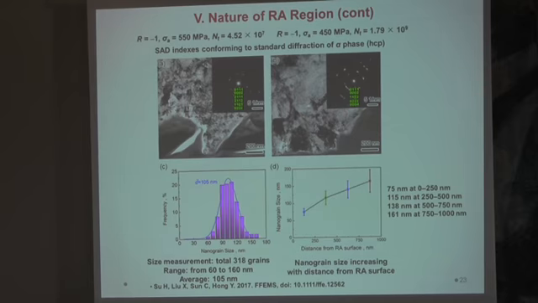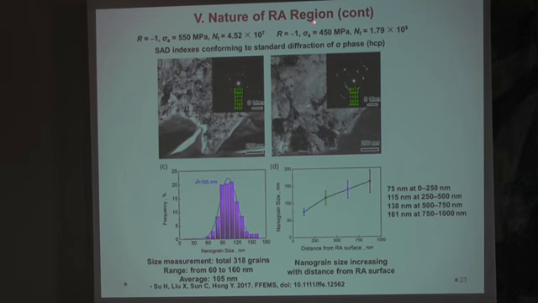And then we further examine these two specimens, also the indexes of diffraction to show their HCP lattice. And we also measure the grain size, and the average is about 105 nanometers.